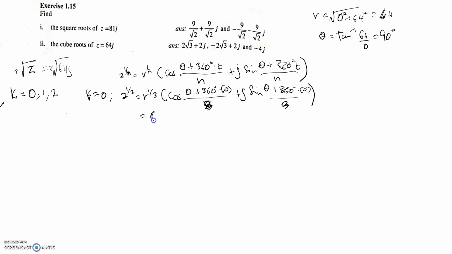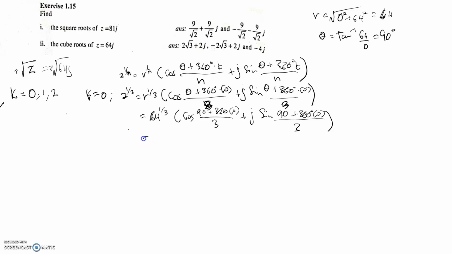It is 64 to the power 1 over 3, cos of 90 plus 360 times 0 over 3, plus j sine of 90 plus 360 times 0 over 3.